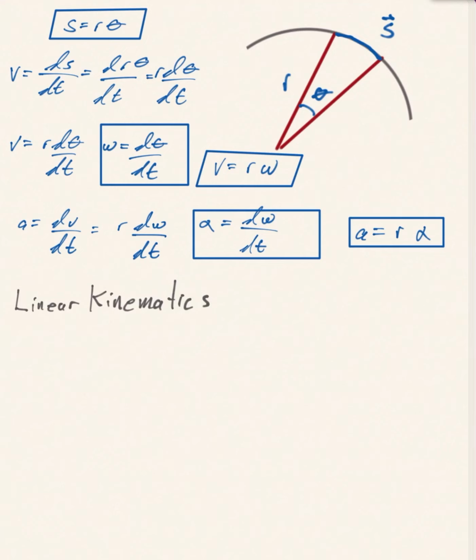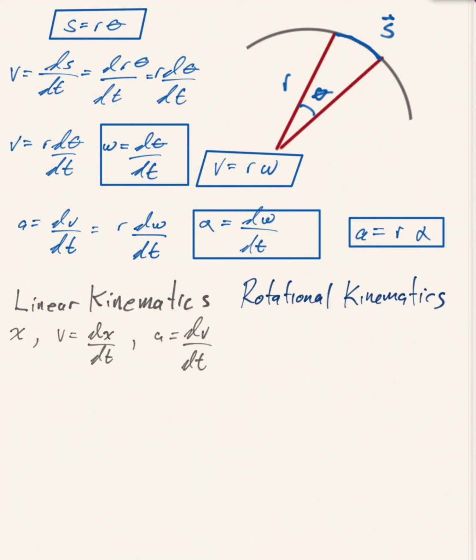So we have some linear kinematics that were derived using the linear quantities, and we can have some rotational kinematics that can be derived using those new quantities that we just arrived to. Our linear kinematics were centered around the quantities x, which is your displacement, v, which is your speed, and a, which is your linear acceleration.